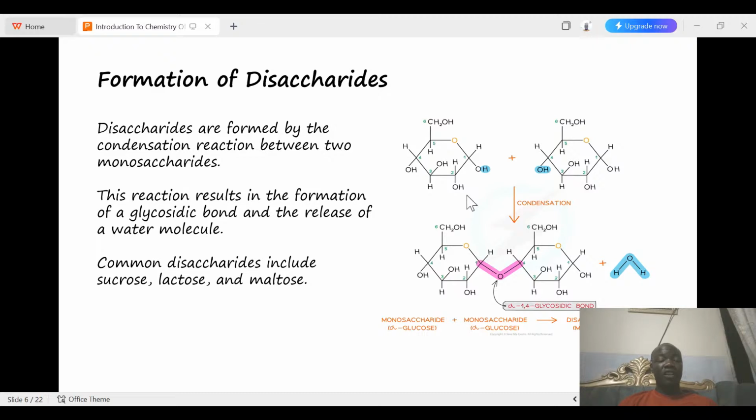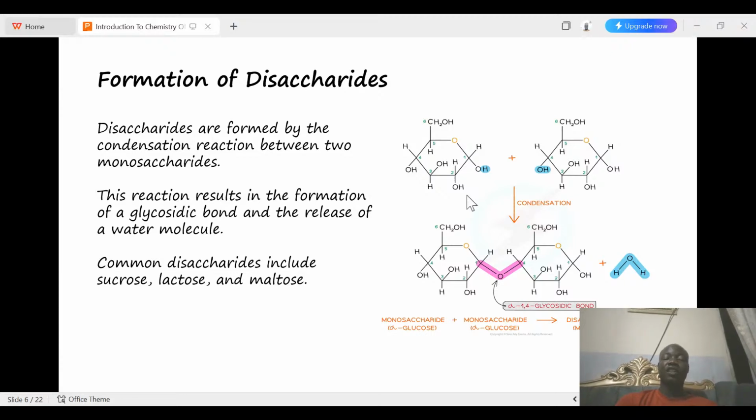So you can see that disaccharides are formed by the condensation reaction between two monosaccharides. When two monosaccharides join together, you have a disaccharide.